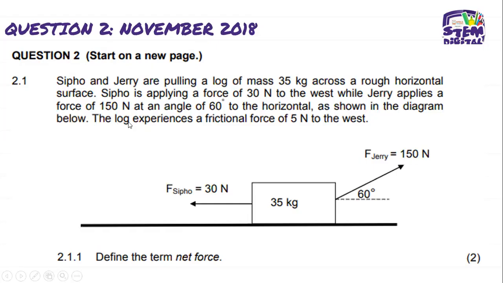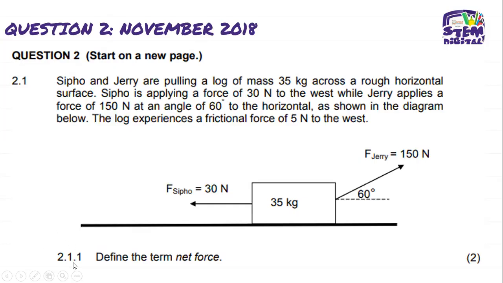Then the log experiences a frictional force of 5 newtons to the west. Now, we've been given the magnitude of the frictional force, and we definitely know that the frictional force exists because they said the surface is a rough horizontal surface.